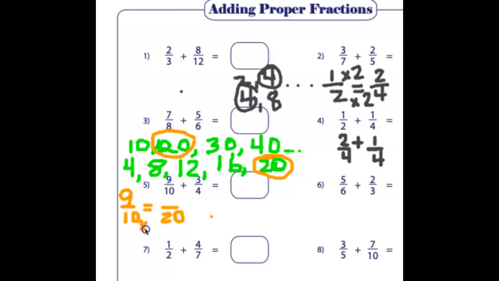Times 2. And so whatever we do to the bottom, we have to do to the top, and we get 18. So 9/10 is the same as 18/20.